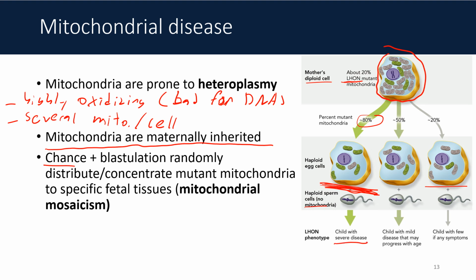An ovum that has a smaller percentage of inherited mitochondria may result in a child that has relatively few symptoms, or maybe something in between. So the fact that we have this variability is called mitochondrial mosaicism. And mosaicism can get even more complicated when you think about the blastulation process.